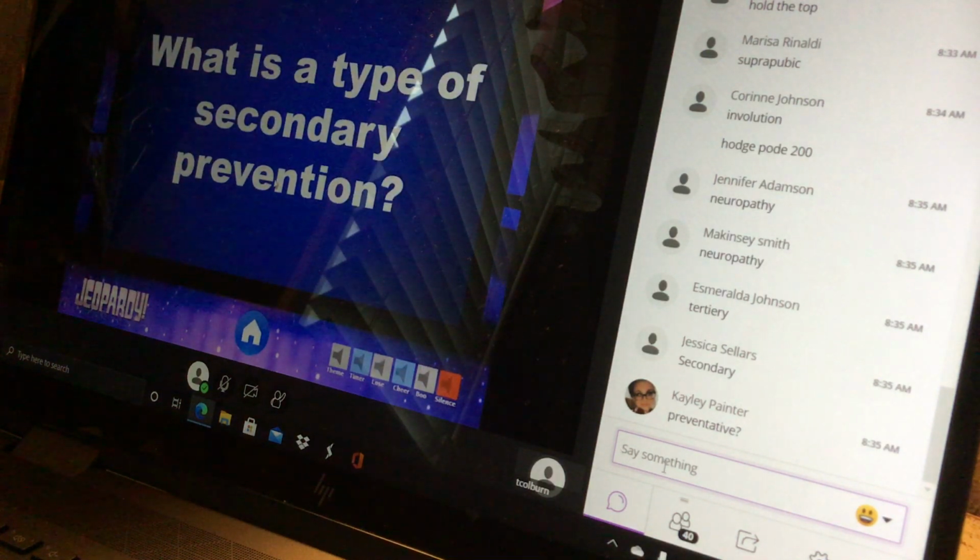So, this is secondary. This should be a tertiary prevention. It's not a secondary prevention. That's wrong. It's a tertiary prevention. Feet or tertiary? Yes. Feet or tertiary. Because for tertiary they already have diabetes, and you're trying to prevent them from their feet falling off, basically. So that's a tertiary prevention.